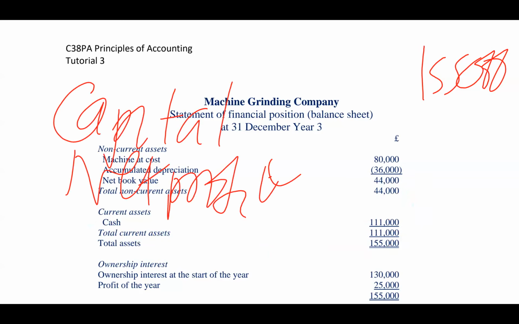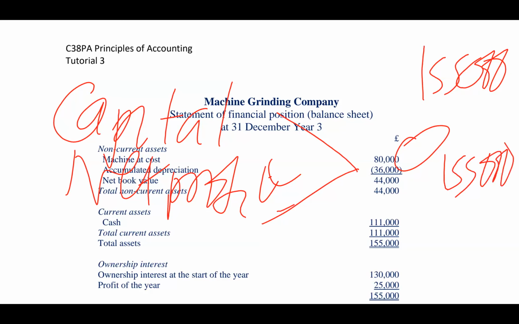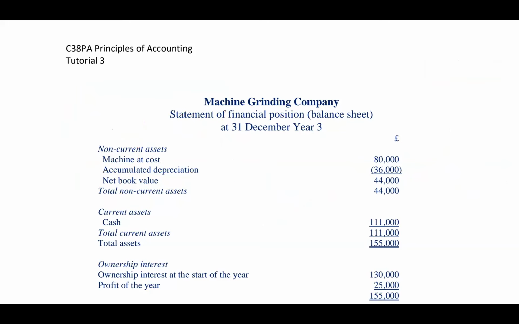So this is owner's interest, all that. We're finding the profit of the company, with depreciation happening basically through depreciation. So you have the profit, you add it. Any question? No, sir.